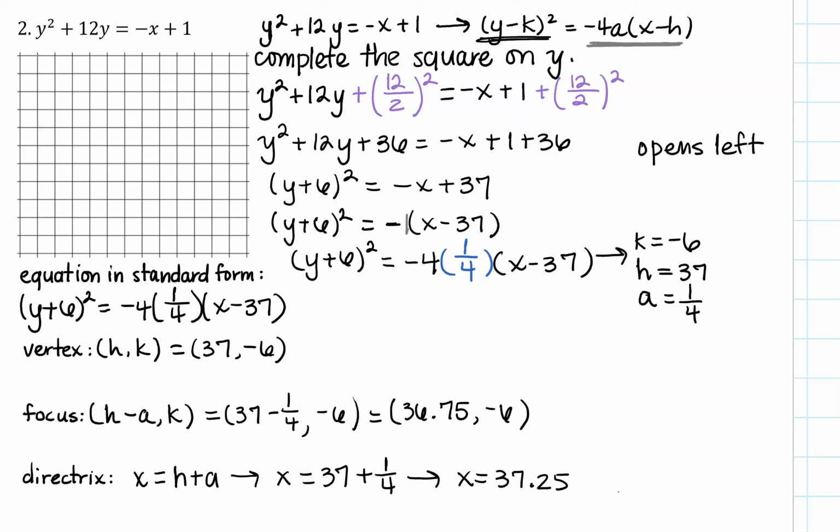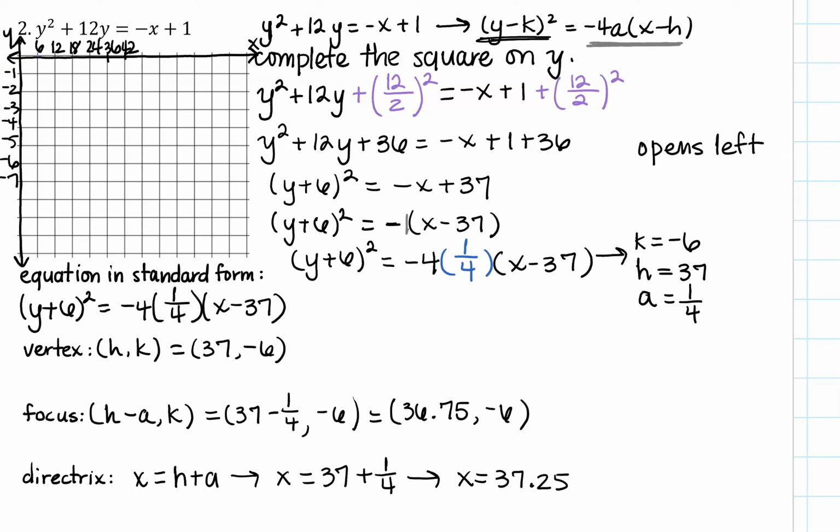So I will go ahead and draw in my x and my y-axis. Here's my x-axis and here's my y-axis. I'm going to go by 6's on the x-axis. So this will be 6, 12, 18, so on and so forth. And on my y-axis, I'm going to go by 1's.